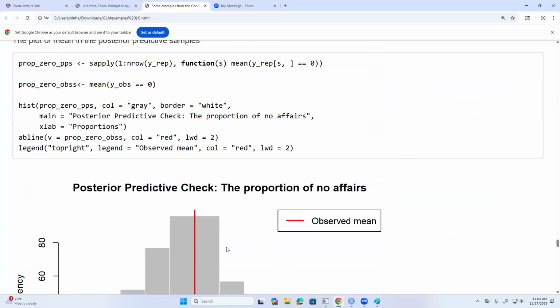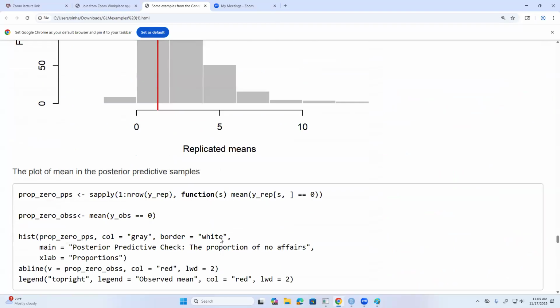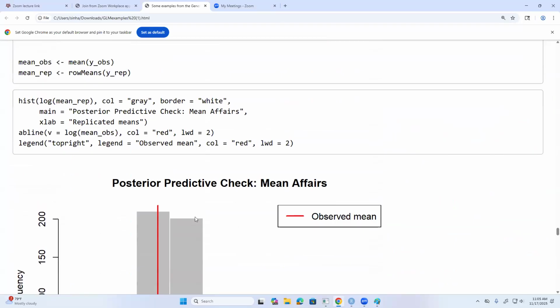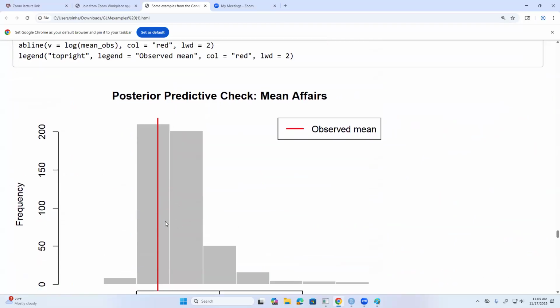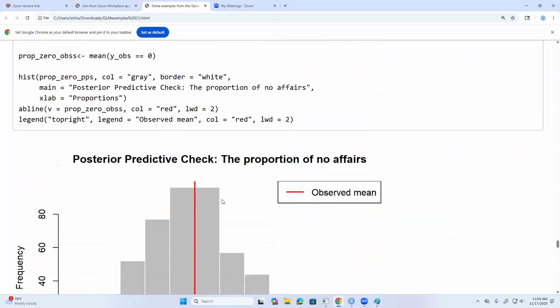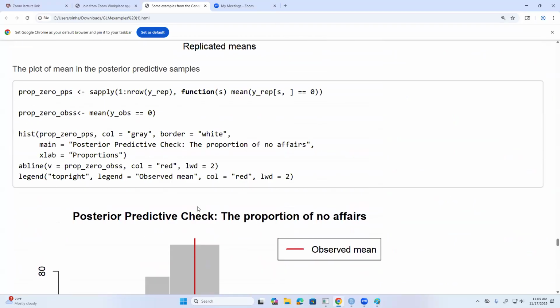Now for the posterior predictive check, I showed you two things. You can use the mean, you can use the proportion of zeros, but there is no hard and fast rule that you have to use these two statistics. You can use something else as well.